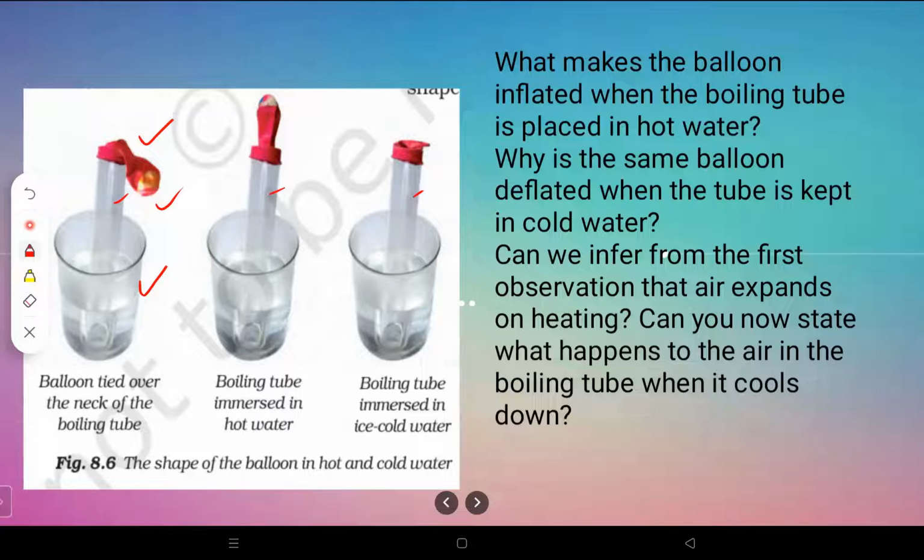First of all, take a boiling tube, stretch a balloon over the neck of the tube. Pour some hot water in a beaker, insert the boiling tube with the balloon in the hot water and observe it. Then put the tube into cold water and observe what will happen.